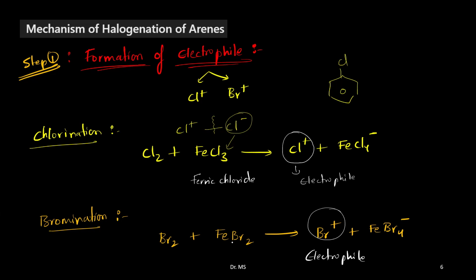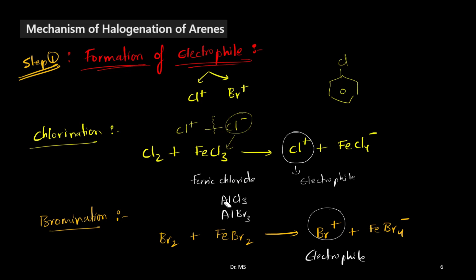And remember, you can use FeBr3 or you can also use AlBr3 as well, or AlCl3 as well. Okay. You can use anything, AlCl3 or AlBr3, instead of FeBr3 and FeCl3. And AlCl3 is said to be the aluminum chloride. Okay.